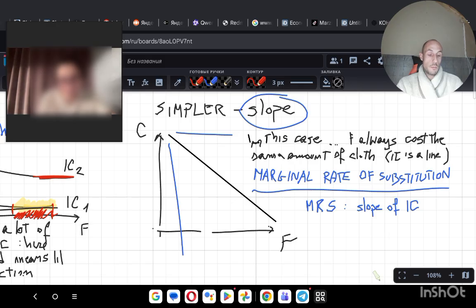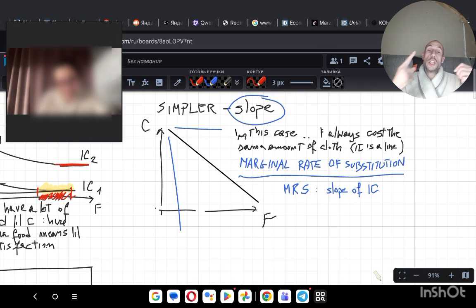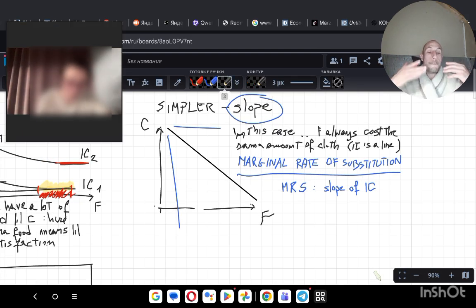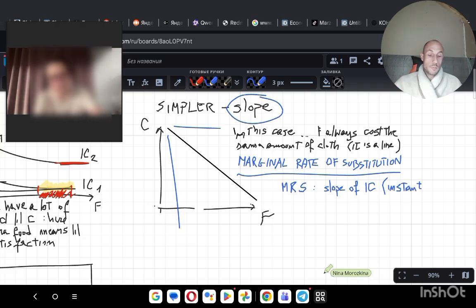Marginal utility. Intuitively, marginal utility means how much one more unit of food makes you happy with respect to one more unit of clothes. Good. So it's like marginal satisfaction, basically.